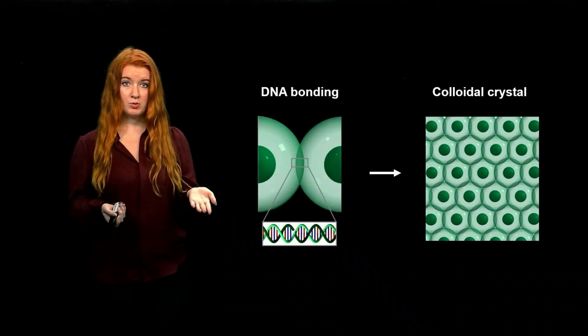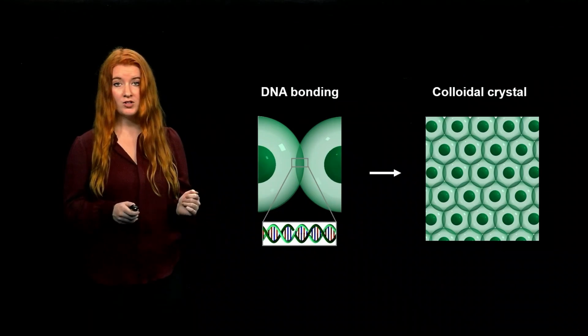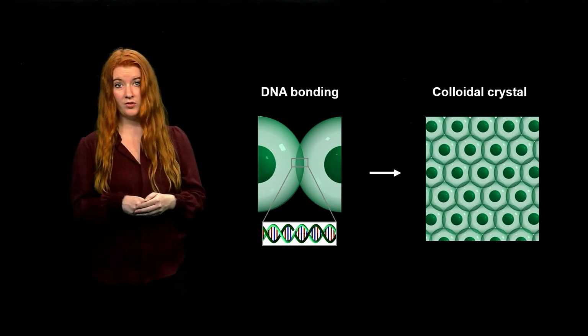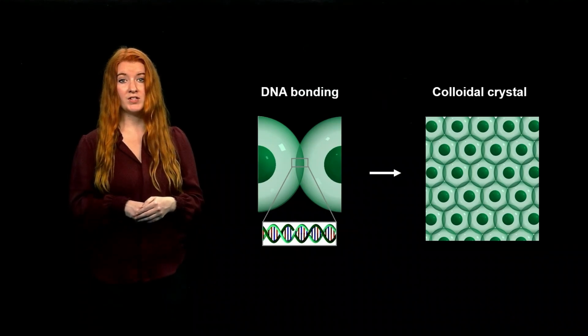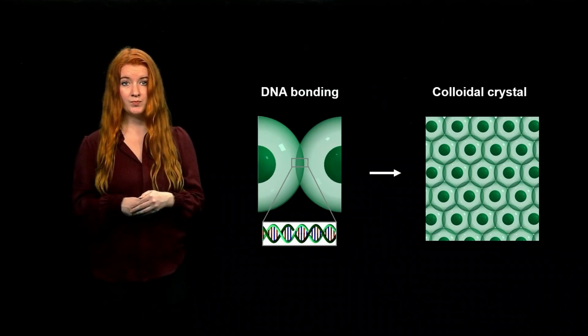When nanoparticles bearing complementary DNA shells are mixed, the DNA strands between neighboring nanoparticles bond with one another, carrying the particles along with them to produce extended arrays of nanoparticles that we call colloidal crystals. Traditional atoms interact with one another to form molecules and materials through electronic bonding involving their valence electrons.